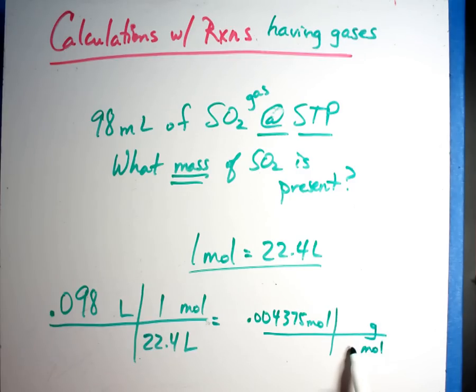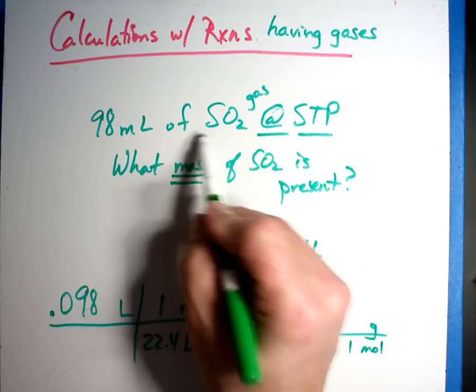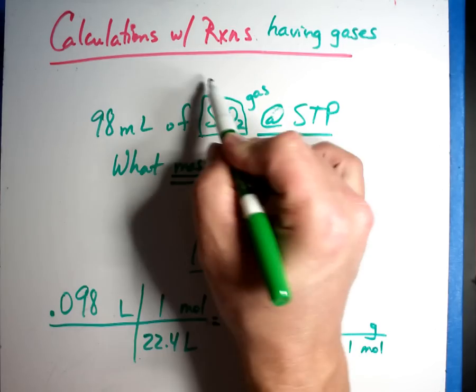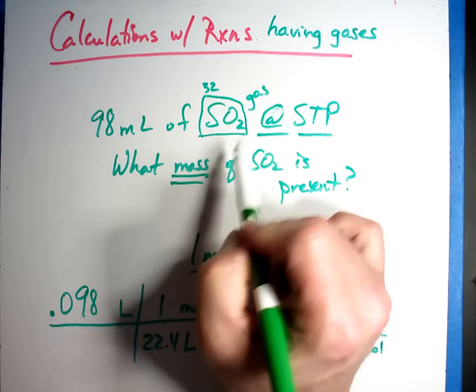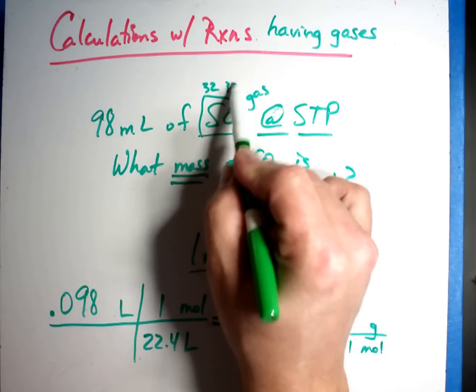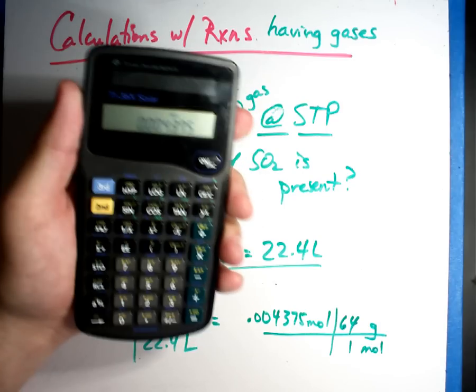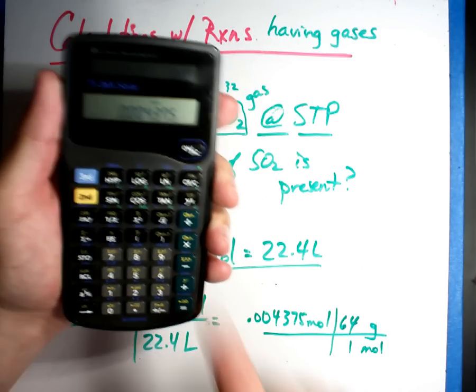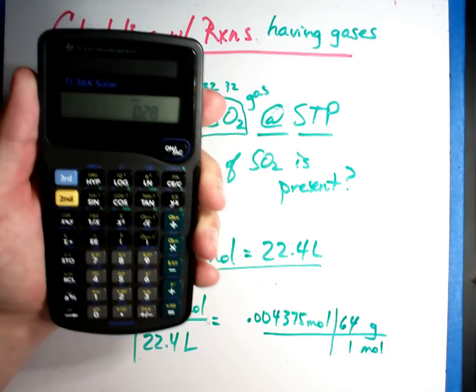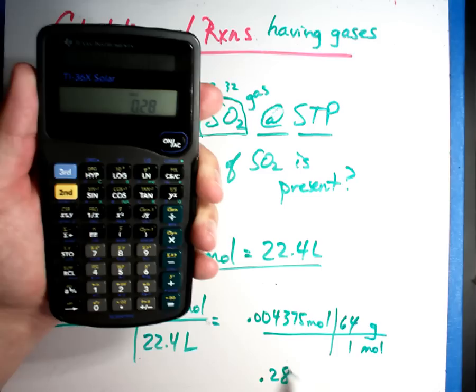What number always goes with mole? 1. 1 mole is grams. Grams come from the chart. And since it's SO2, sulfur is 32, oxygen is 16 times 2 is 32, grand total 64. So I'm going to take that number I had on my calculator times 64, and it's 0.28 grams.